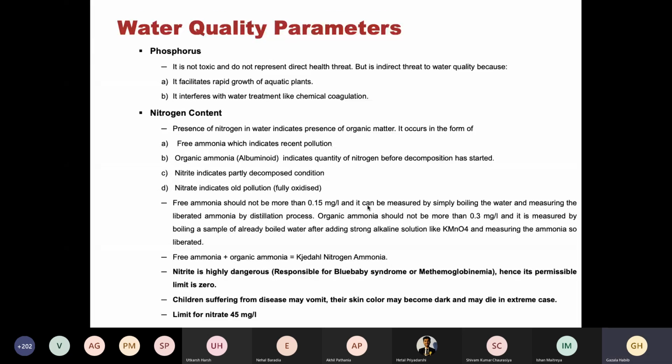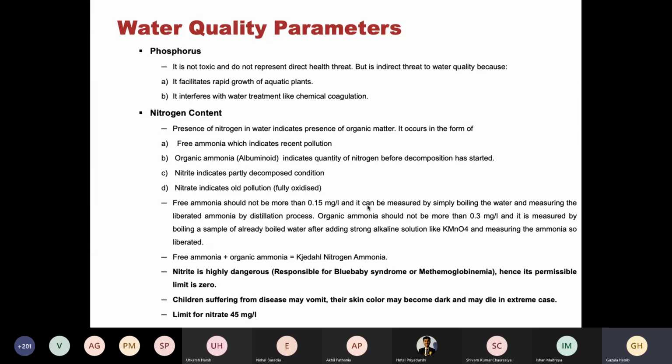Nitrite is highly dangerous, responsible for blue baby syndrome or methemoglobinemia. Okay, so it actually reacts with, you can say, the oxygen carrier in the blood. Hence, it is not permissible.